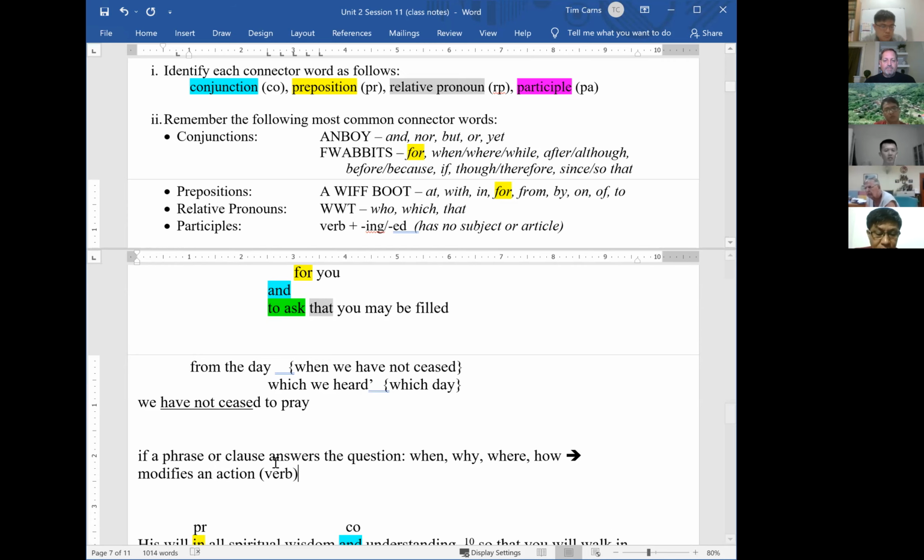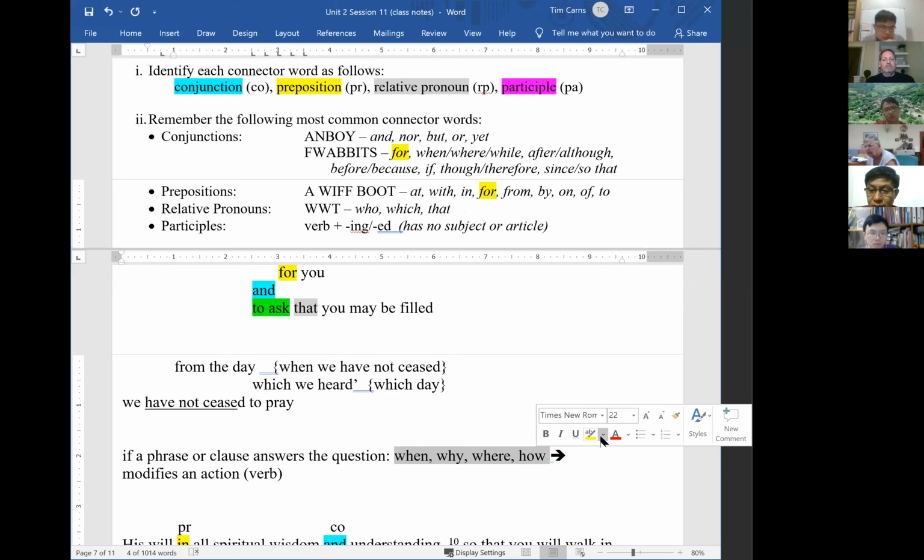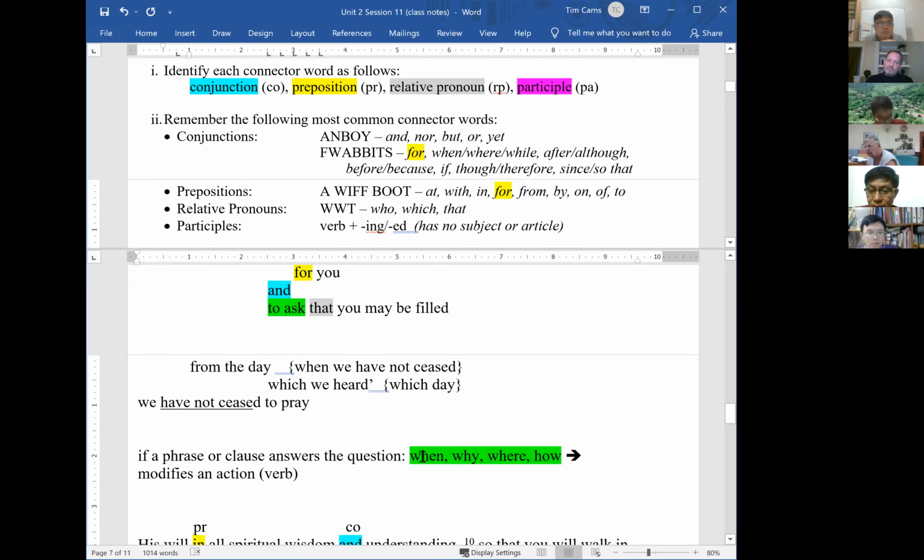Okay? So we're always going to be asking ourselves, what question is this phrase or clause answering? And if it's telling us when, or where, or why, or how, then that is going to be modifying an action. That's describing an action.